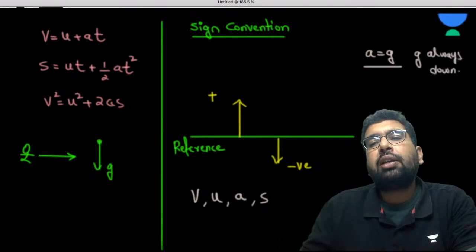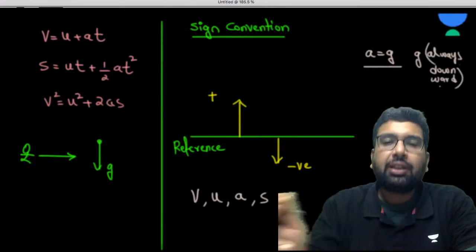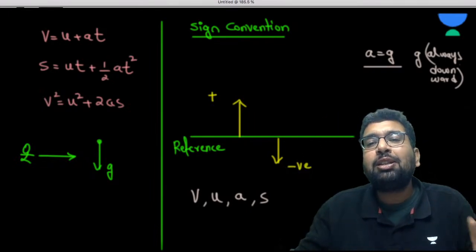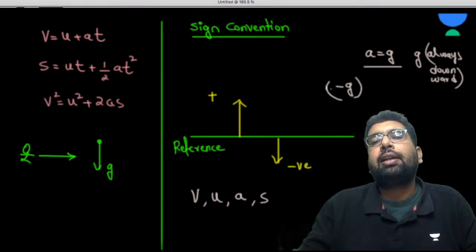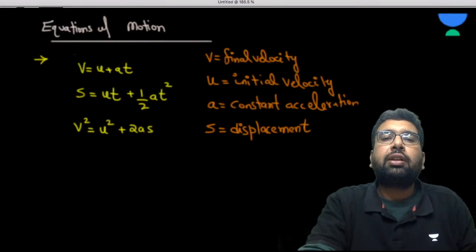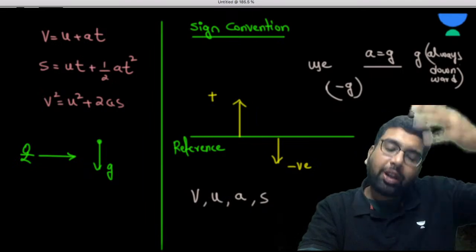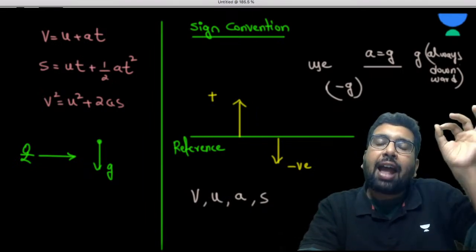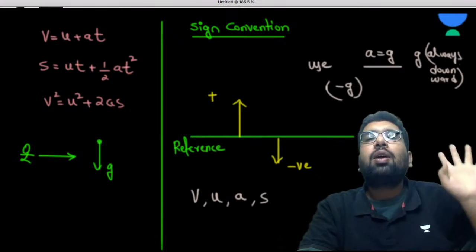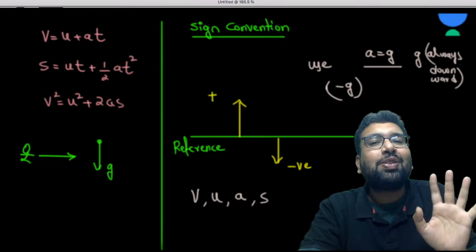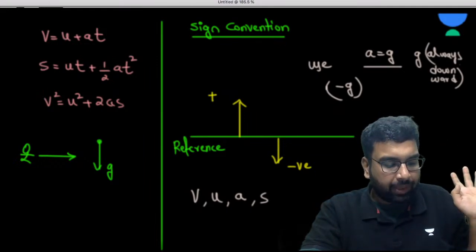So in this whole discussion, you do not have to use any of your mind. Whenever you are using g in any of these equations, you must always use minus g, isn't it? No matter what problem you are solving, what reference you are taking, gravitational acceleration is always downward. So the sign of the gravitational acceleration that we are going to use in this equation is going to be minus g. Do you agree to this or not?